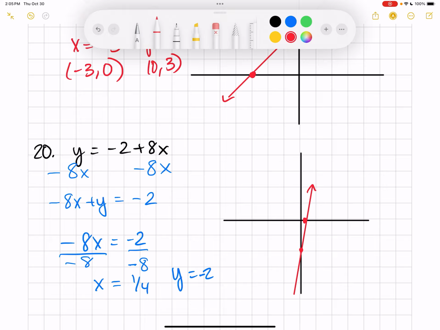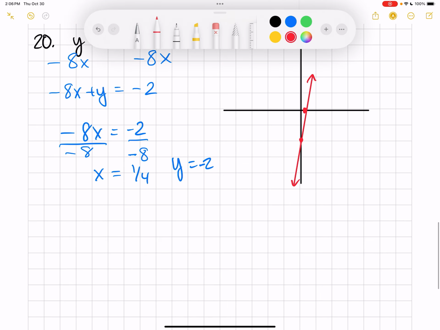Close enough. Pretty easy, right? So basically you just get x and y on the same side and then divide. Then plot. That's pretty easy.